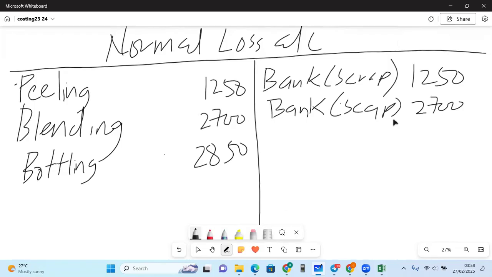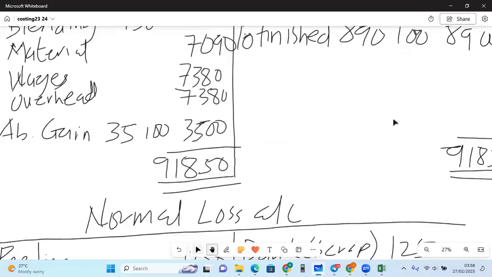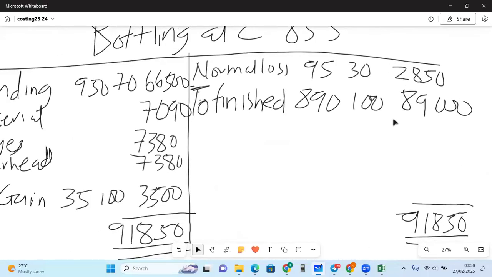So what we are going to do here is in the bank, it is going to be what? The abnormal gain. We had abnormal gain of 35, right? So we are going to subtract that 35 from the 95, then multiply by the 30.